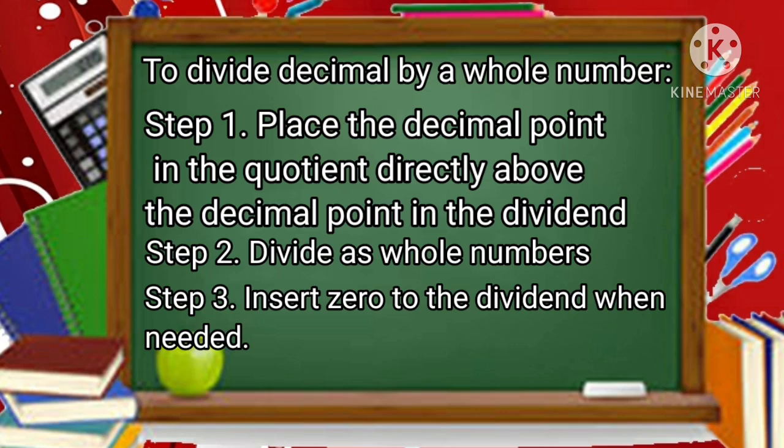To divide a decimal by a whole number. Step 1. Place the decimal point in the quotient directly above the decimal point in the dividend. Step 2. Divide as whole numbers. Step 3. Insert 0 to the dividend when needed.